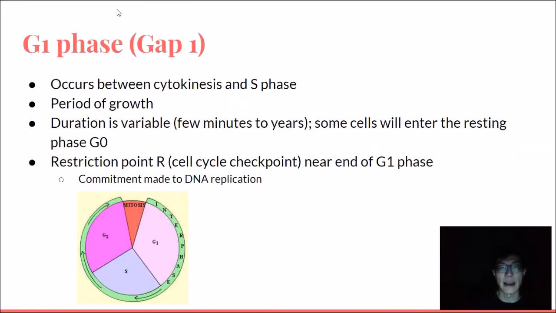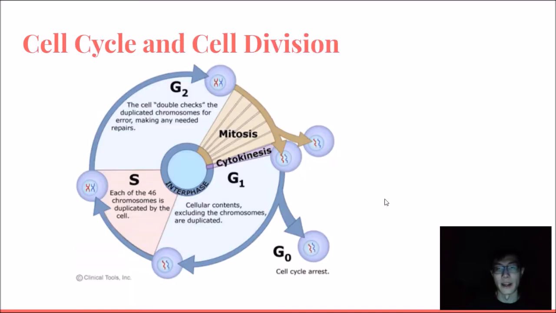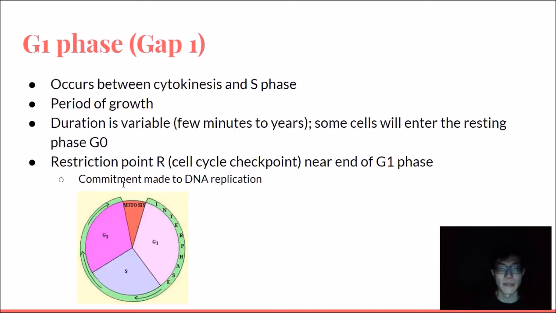So let's take a look at the gap 1 phase just very briefly. G1 phase occurs between cytokinesis and the S phase. So cytokinesis is over here and the S phase is over here. This might be a better chart or diagram to look at. So you have cytokinesis, S phase, G1 right in between. Now, this is a period of growth for the cell. So the cell is just growing, not quite ready to divide.